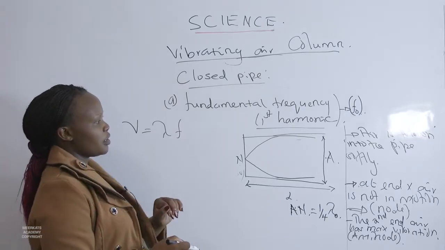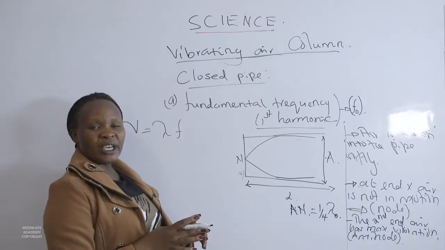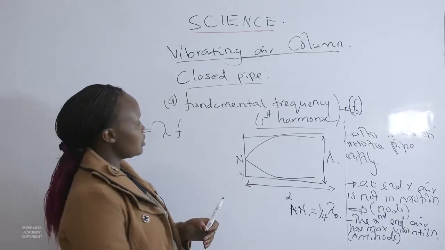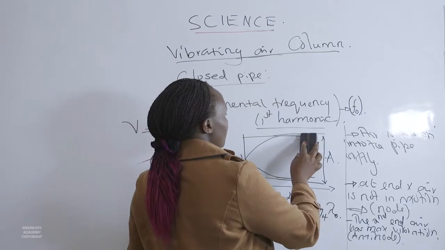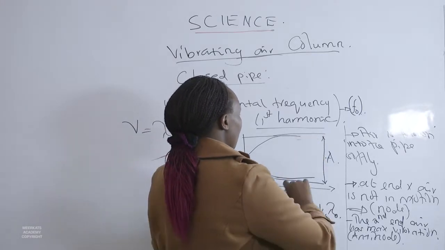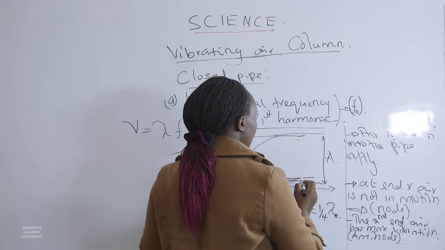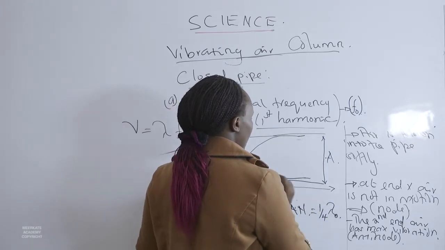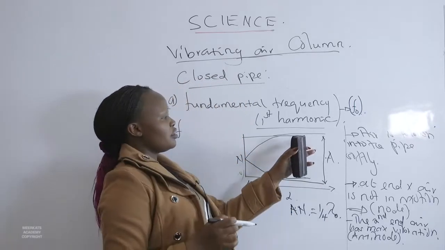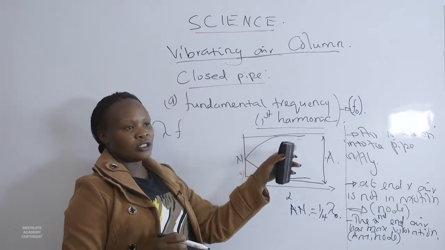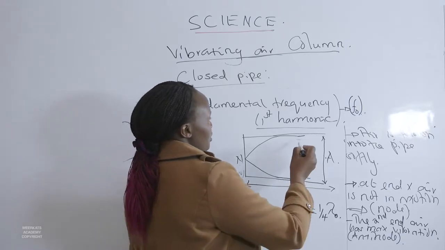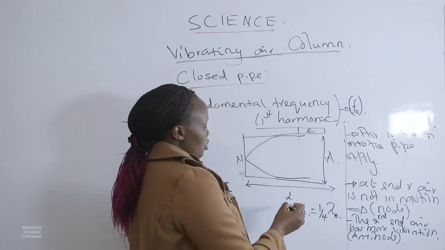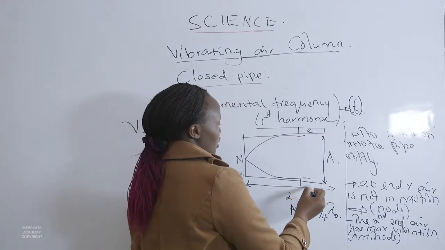But this time, we have to note that sometimes the antinode may not form at the extreme end, because we have already achieved an antinode even before we get to the end. Therefore, we add E, which we call an end correction.